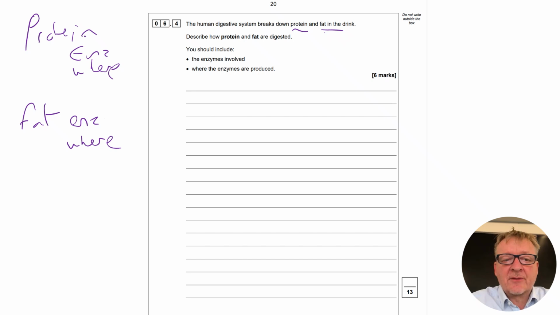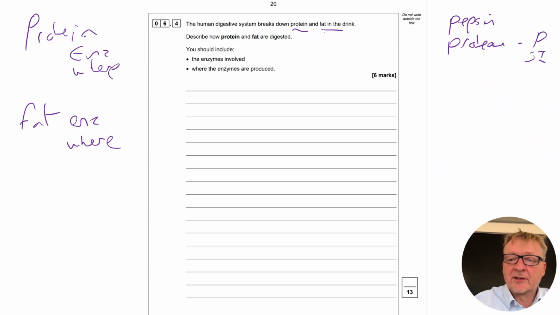Okay, so I'm now thinking, right, proteins, enzymes that are then going to be involved. So I know that for the protein enzymes, you've got pepsin in the stomach, and you've got protease from the small intestine and the pancreas. This is my little plan in the top right-hand corner.